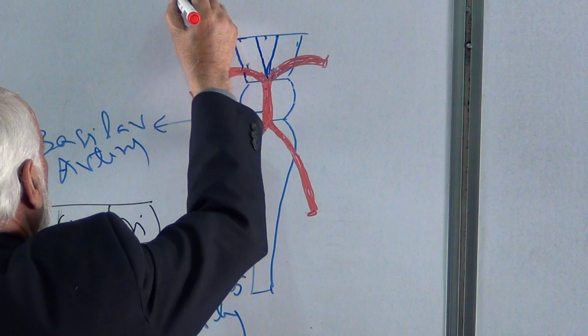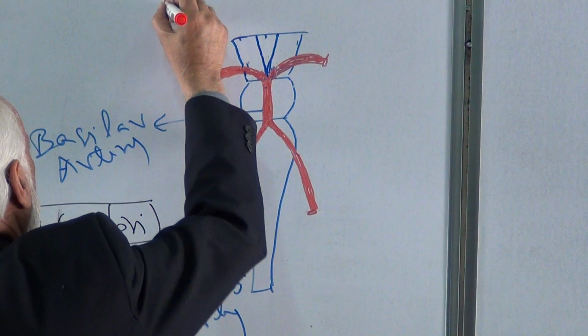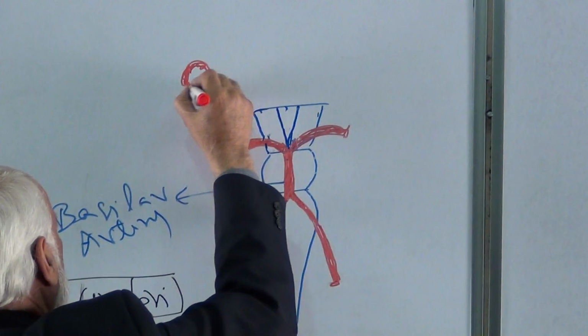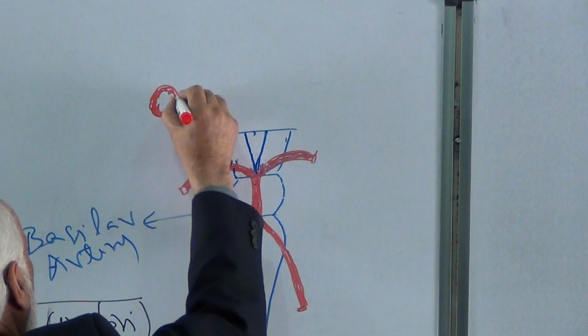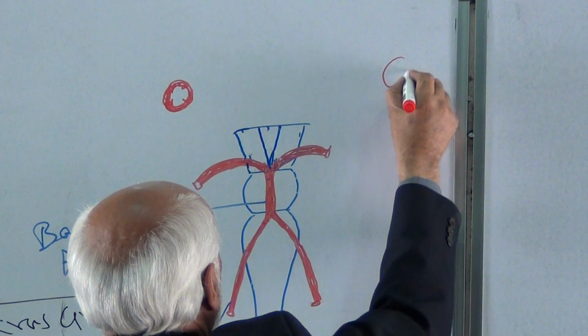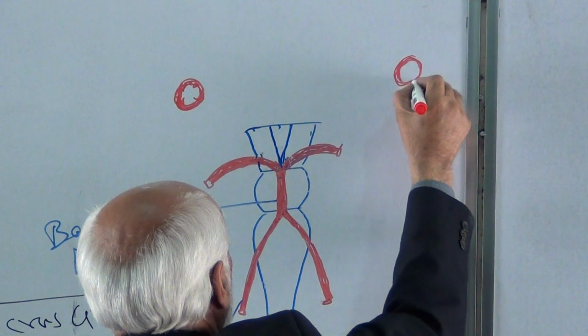And here are the internal carotid arteries, a section through the internal carotid artery on each side.